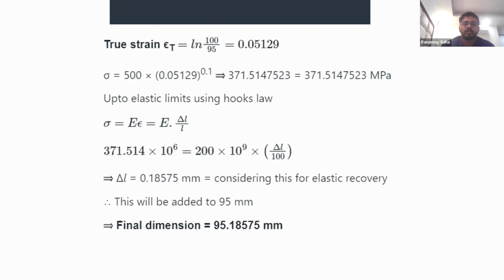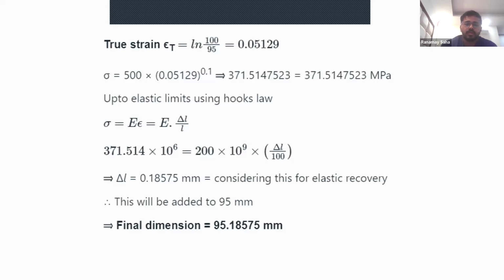That means the true strain becomes approximately 0.05, and then using the stress strain relationship which has been provided, you can find out the true stress. This is around 371.5 megapascals.